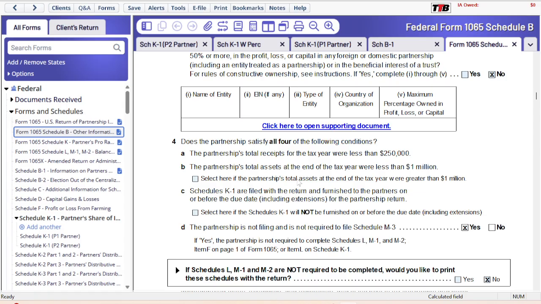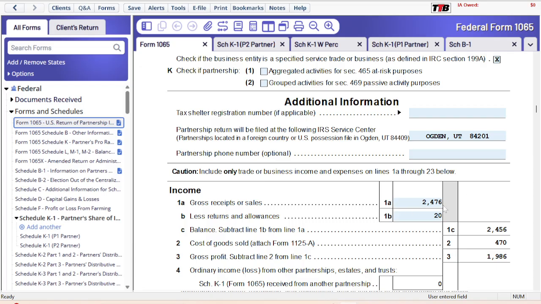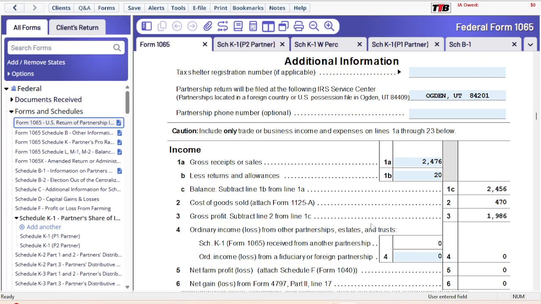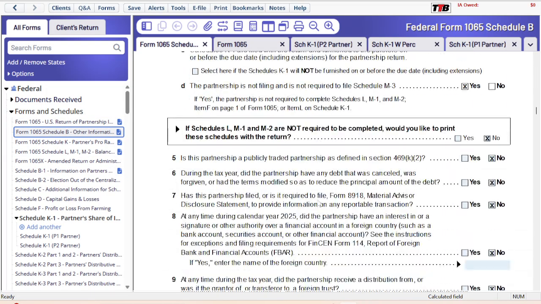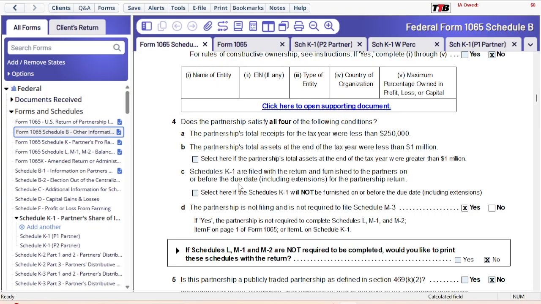The partnership's total receipts for the tax year. Total receipts is pretty much here, gross receipts. But let's go back. Total receipts, well, less than 250,000.